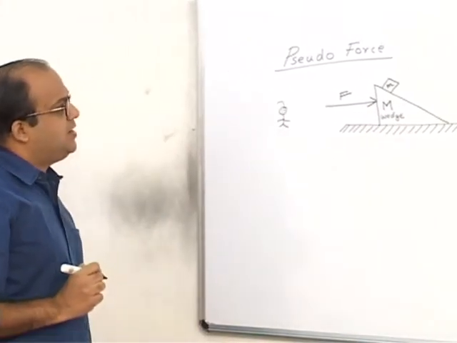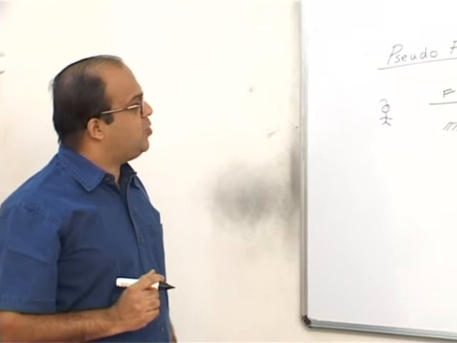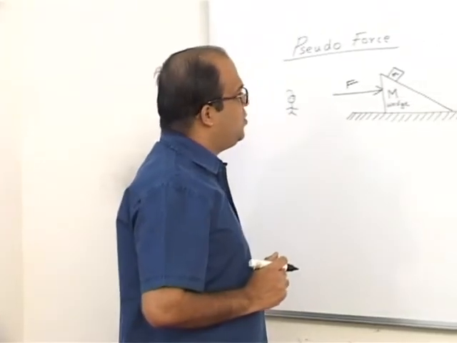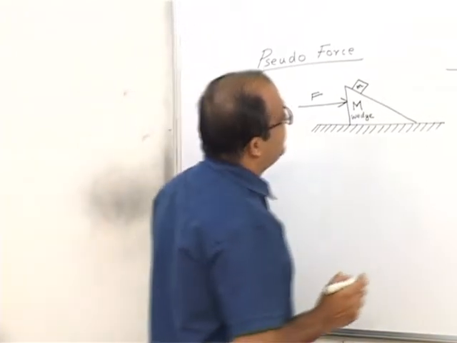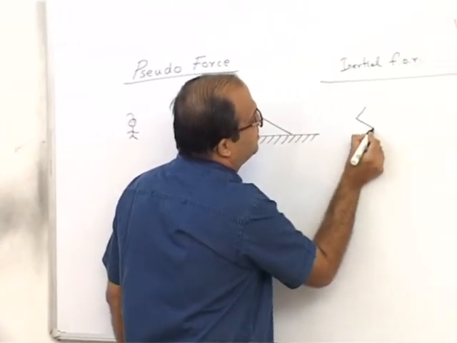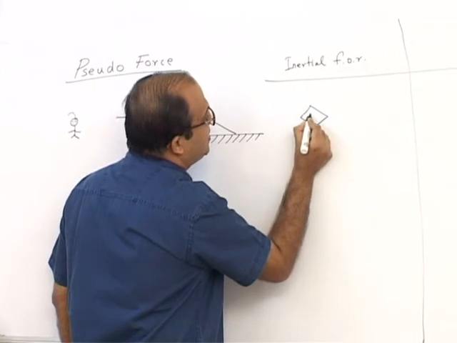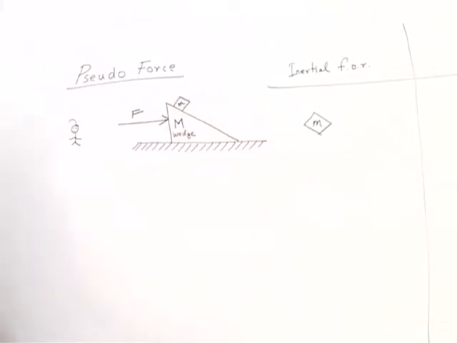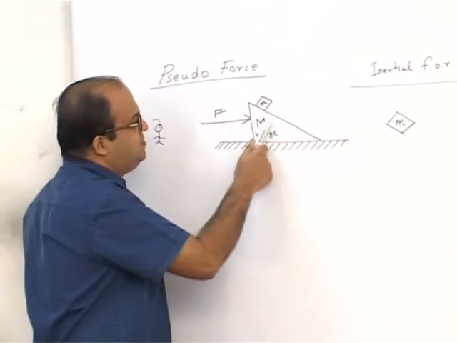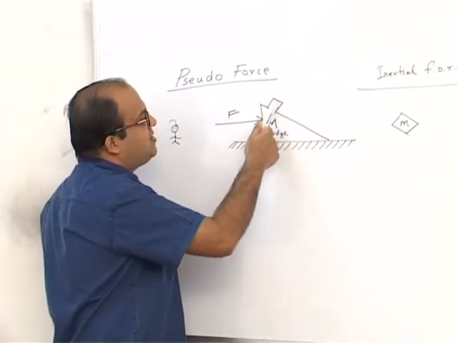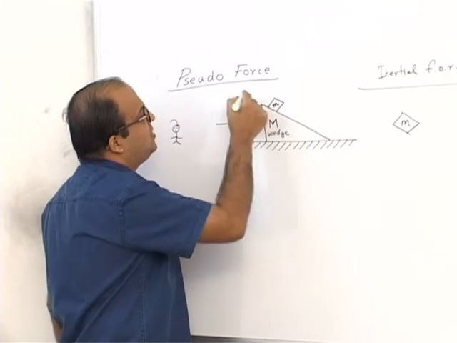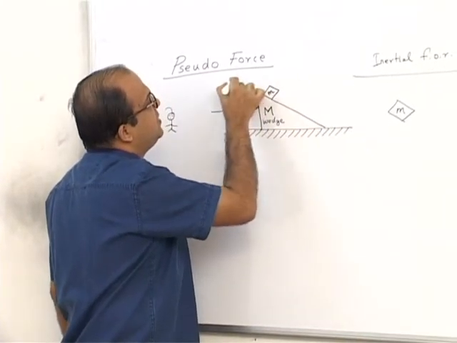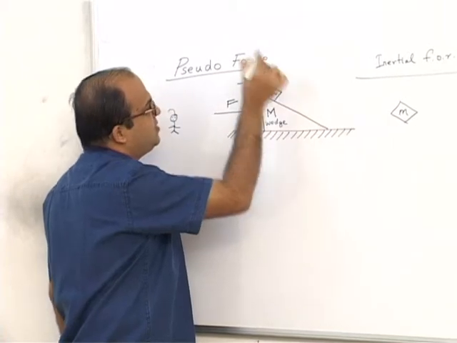Now, let us try to draw the free body diagram of small m with respect to an inertial frame of reference, that means with respect to the ground. Since this force is acting on this system and this is not moving with respect to this, both the objects will have an acceleration in the horizontal direction, say a.